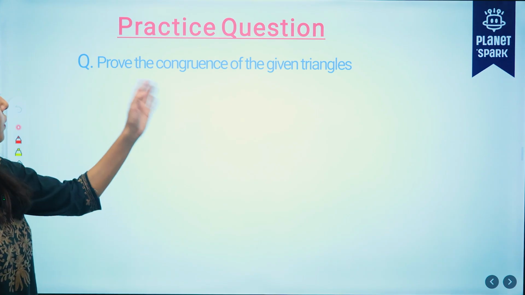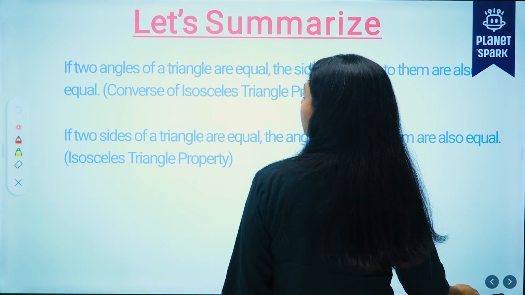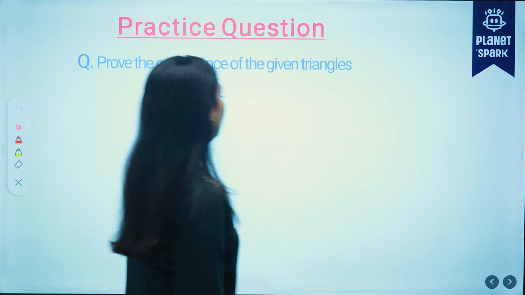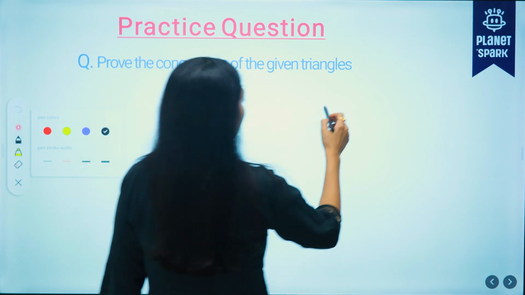Now, prove the congruence of the given triangles. Okay, where do we have the triangles? Okay, let's say we are taking the figure. कोई figure ले लेते हैं.